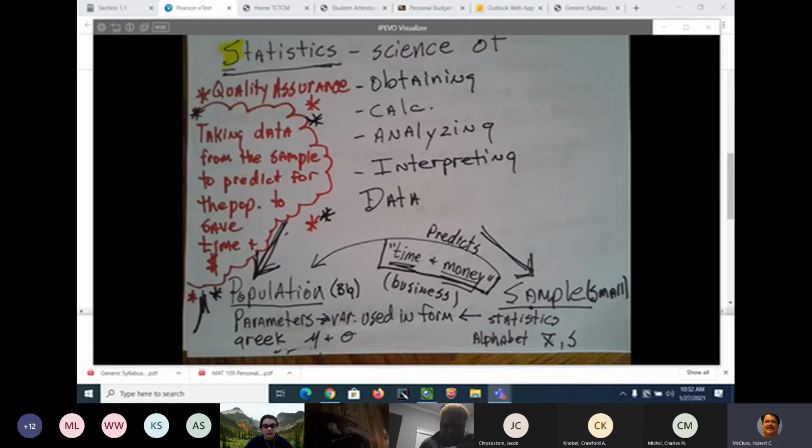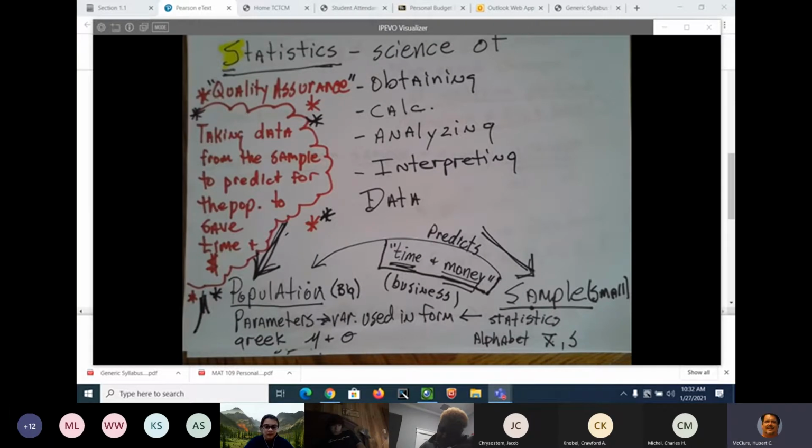And that's called quality assurance. Quality assurance is a 25-cent word for probability and statistics in the application of that company: taking data from the sample to predict for the population to save time and money.